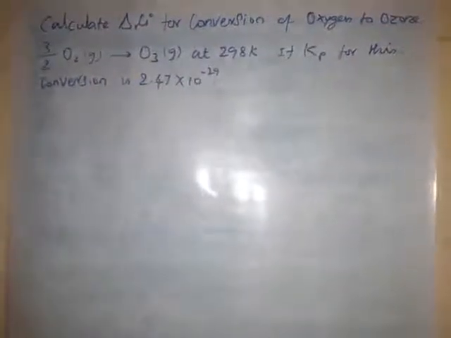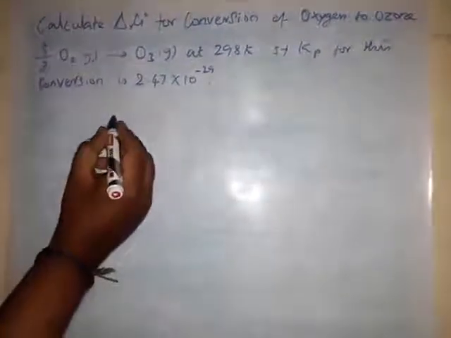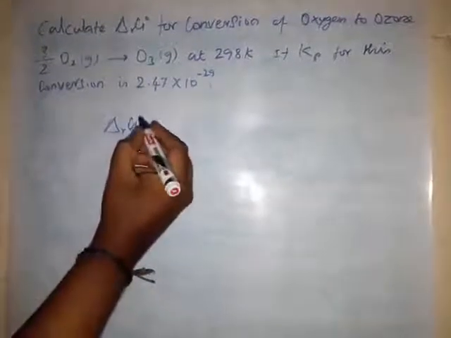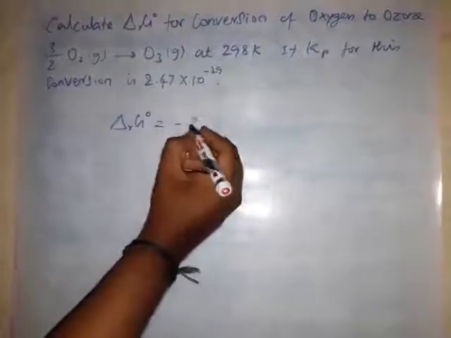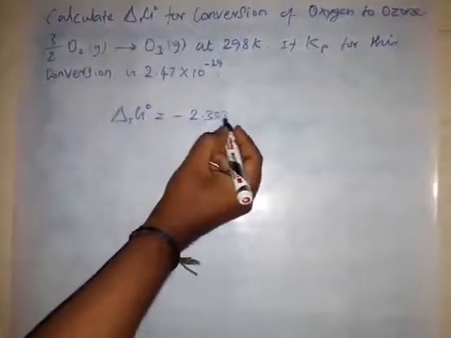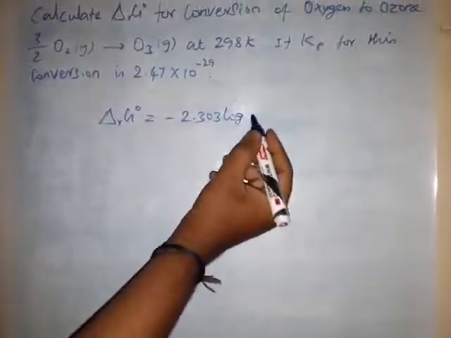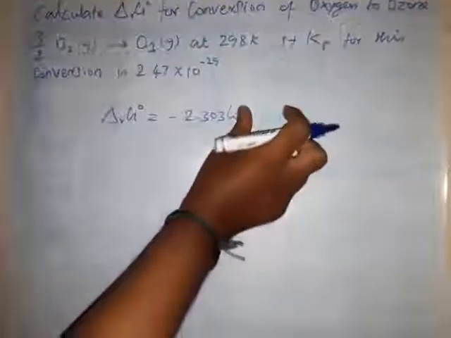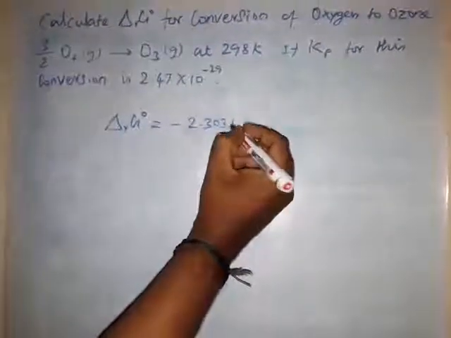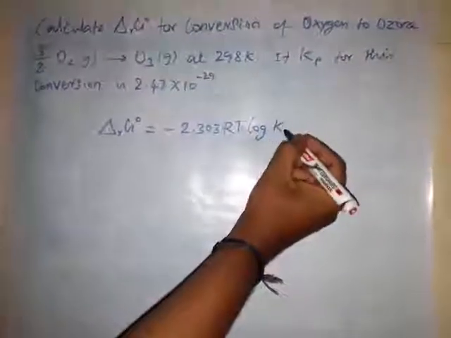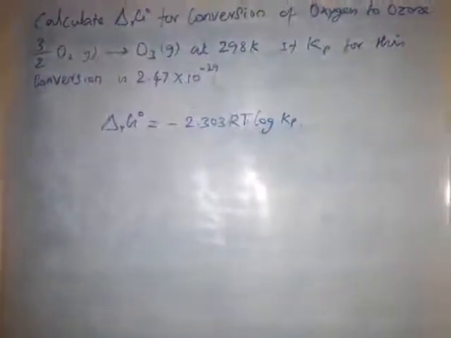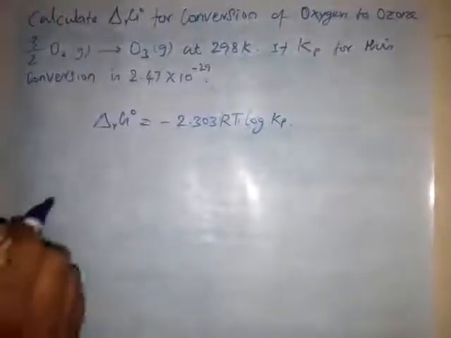Already we know that the standard free energy for a reaction, delta G naught, is equal to minus 2.303 RT into log of Kp. Simply we can say that as K.